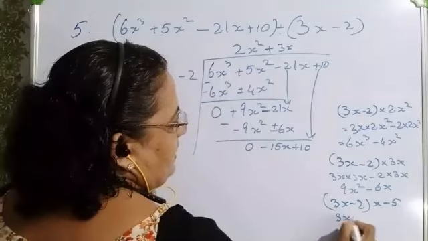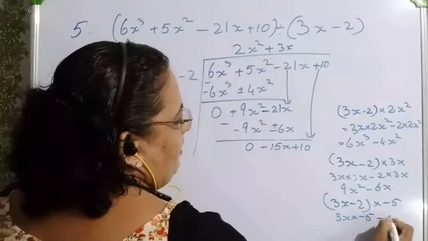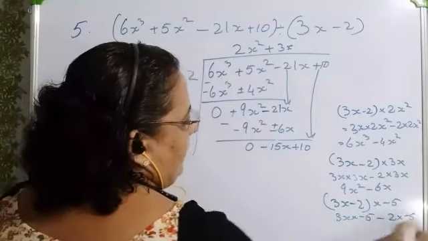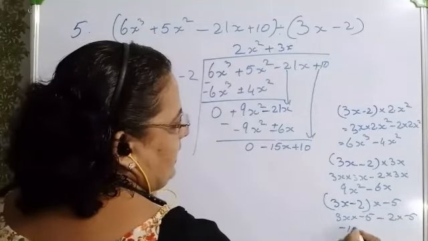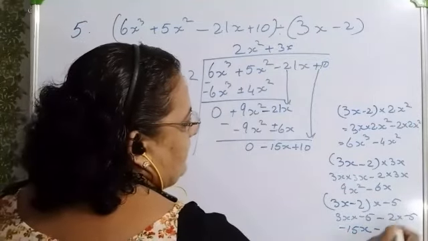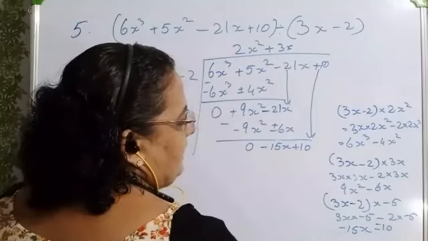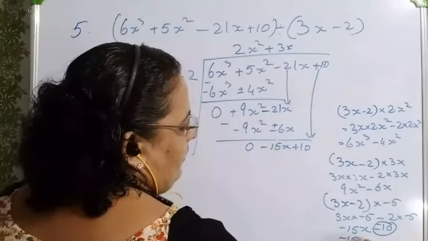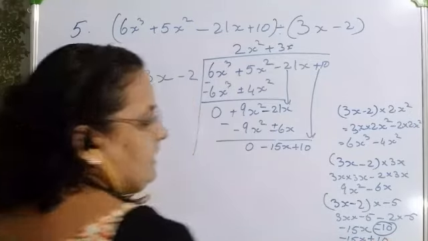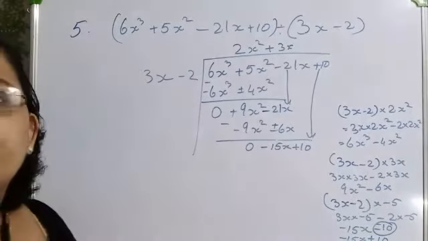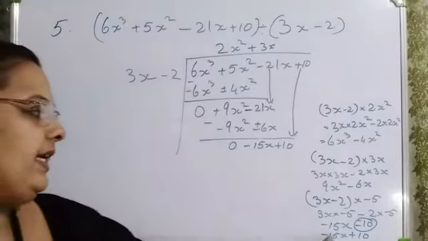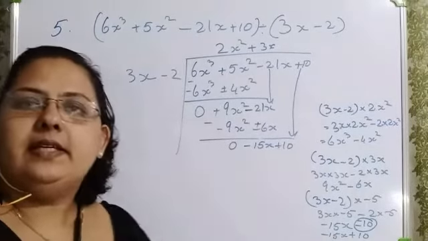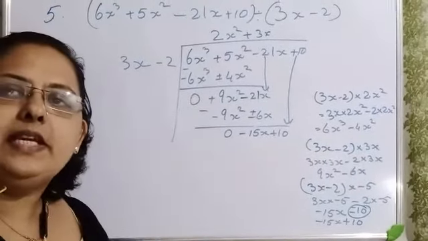So 3x multiplied by negative 5 minus 2 multiplied by negative 5. Here it is minus 15x minus negative 10. That can be written as negative 15x plus 10. Is it clear? Negative 15x plus 10. I hope it is clear to you.